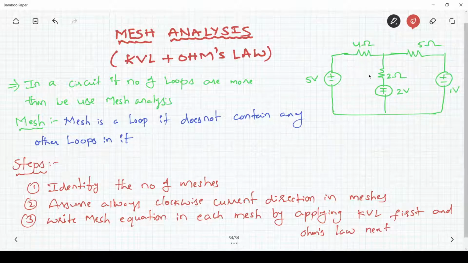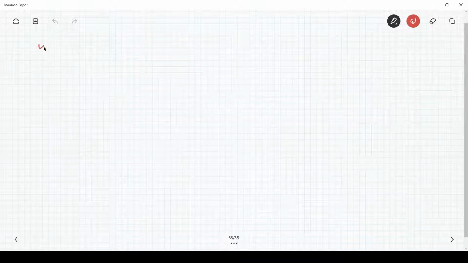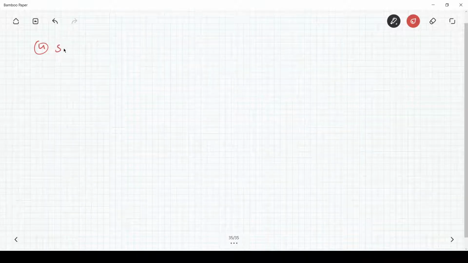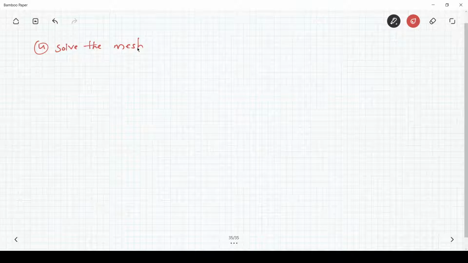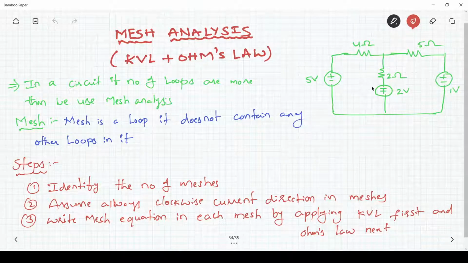That is, we apply KVL in a mesh, then we apply Ohm's law. What is the fourth step? Okay, this is the final step. Solve the mesh equations. These are the steps you have to follow in mesh analysis.